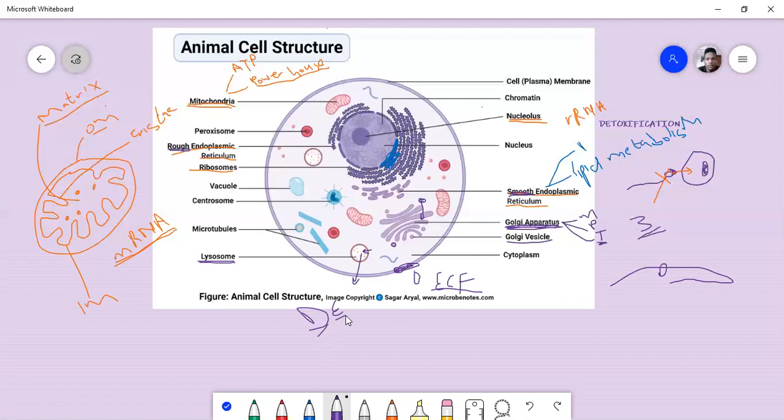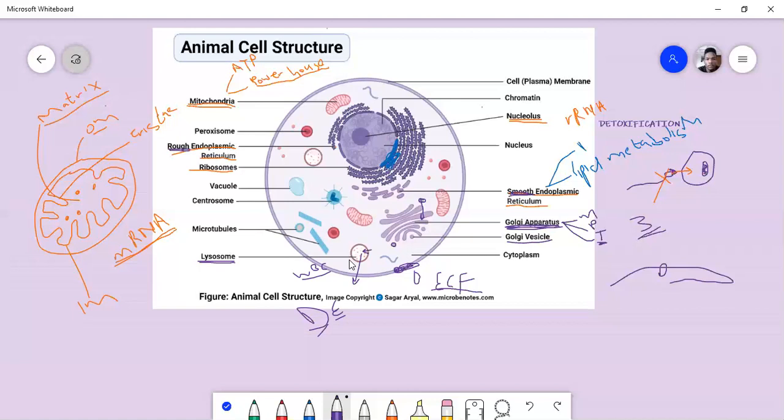And it's mostly found in white blood cells. If you check the white blood cells, they have a lot of lysosomes. To be specific, which white blood cells? Your phagocytes. Because what do they do?